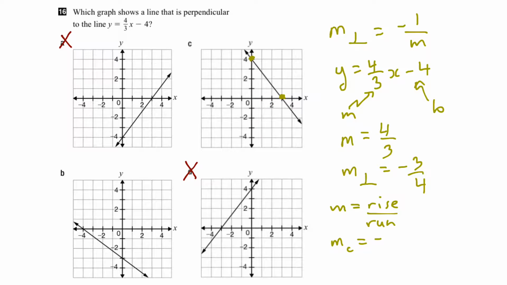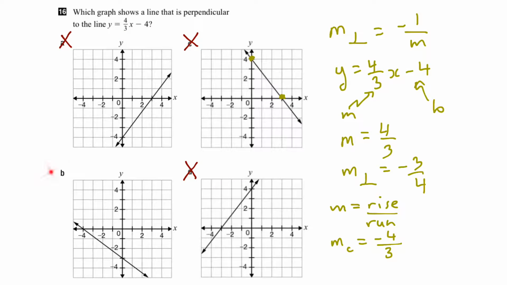So that would be down 4 and over 3. Comparing these two values, we see that they're not the same. Therefore, C does not represent the line that is perpendicular to 4/3 x minus 4.